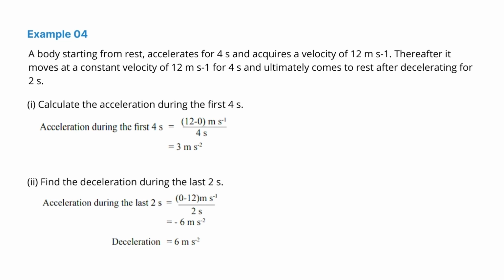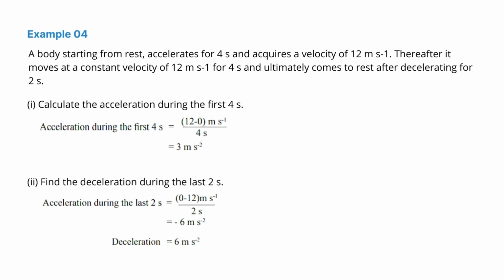So the final velocity is 0, minus the initial velocity 12 meters per second, divided by 2 seconds, that is minus 12 divided by 2, and the value will be minus 6 ms-2. Here the acceleration gets a negative value, which means the object is decelerating. So we write it as deceleration equals 6 ms-2. Now you have a good understanding of how acceleration and deceleration are calculated.